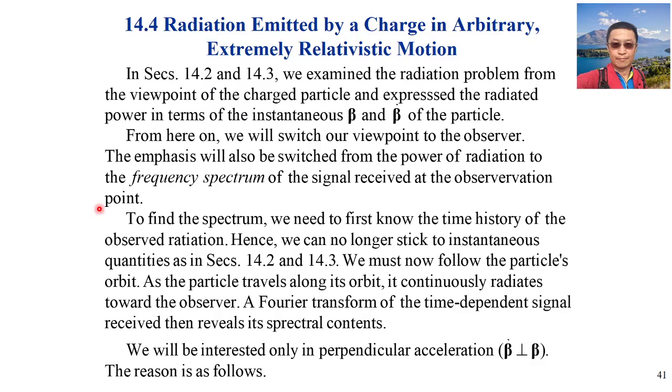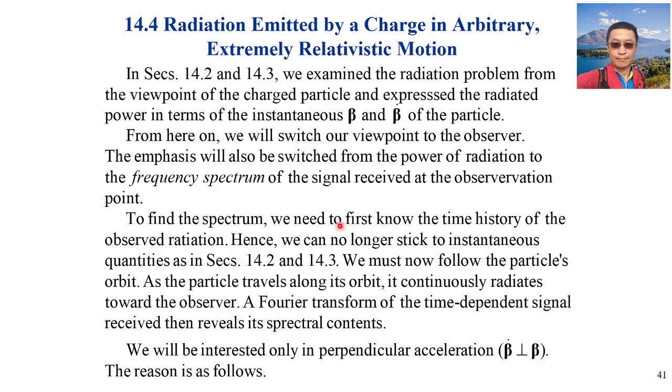One is switching back to the viewpoint of the observer. Second, we switch from the power of radiation to the frequency spectrum of the signal. Okay? To find the spectrum, we need to first know the time history of the observed radiation. That is, from the time domain convert to the frequency domain.